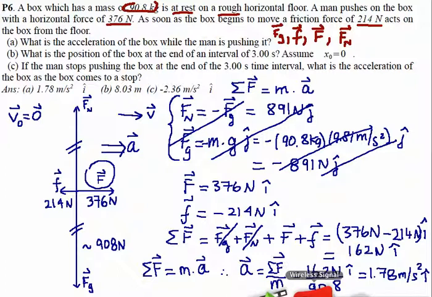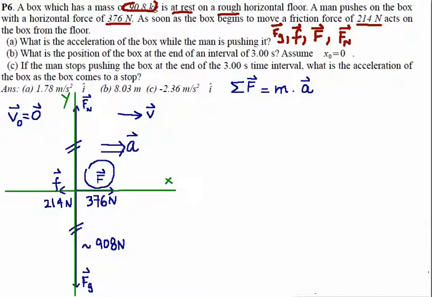Now I'm going to use another method that makes use of the two axes, the x and the y axis. So the first step is to add an x-axis and a y-axis to your drawing to define them. And then now you can work using components. So Fn is 0 along the x-axis, and it's going to be m times g along the y-axis.